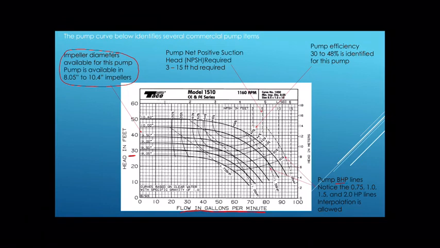Every manufacturer has all of these different pump curves commercially that are out there, and so it's fairly simple. The only difference is now within that same one pump that you buy, this model 1510, you now could have up to 1, 2, 3, 4, 5, 6 different impeller sizes within that one pump. So you'd have to know what impeller they put in there.